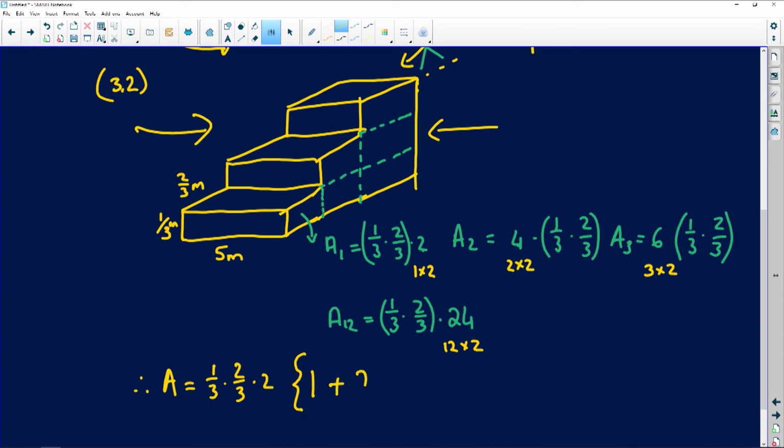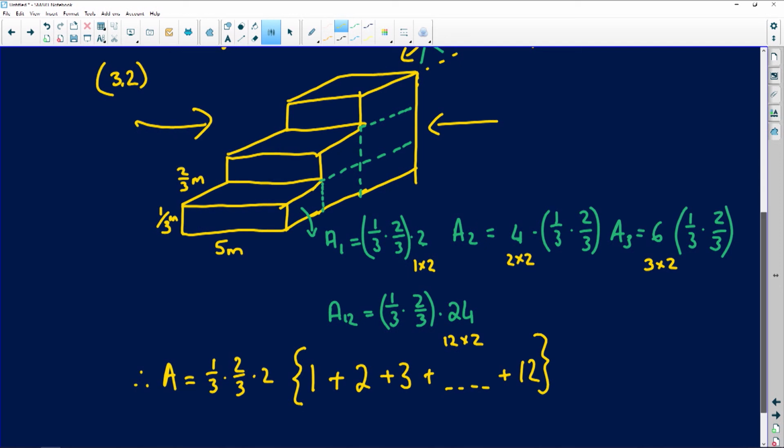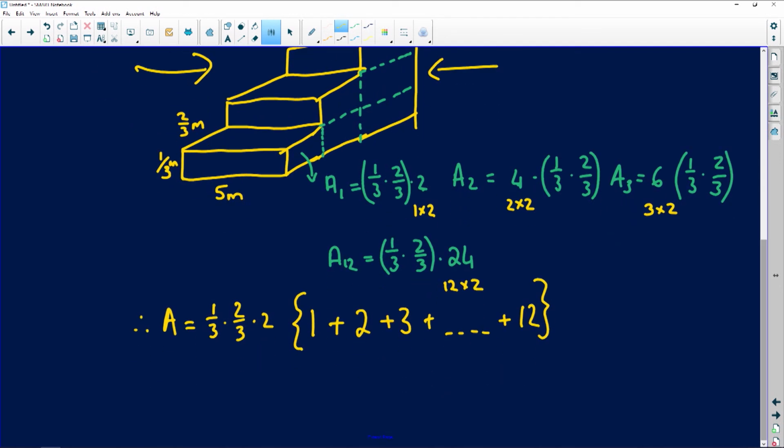Remember, the 2 is removed, so plus 3 of those, plus the next one will be 4. And this 2 is out, so plus 12. Now, folks, you can see this is the natural number sequence that you're adding. You're adding 1 plus 2 plus 3 plus 4 up to 12.